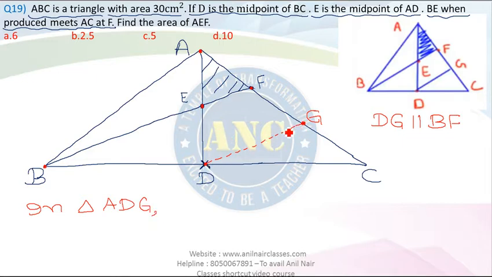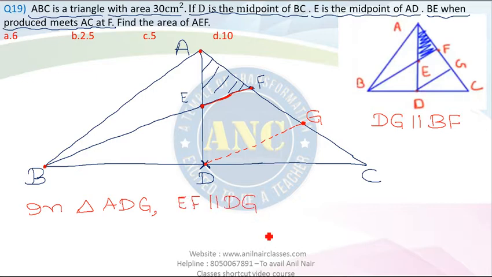In triangle ADG, there is a line called DG. This DG is parallel to which line? It is parallel to this EF, because EF is an extension of BE. Because EF is an extension of BE, the DG will also be parallel to EF. That means in triangle ADG, the EF line will be parallel to the constructed line DG.